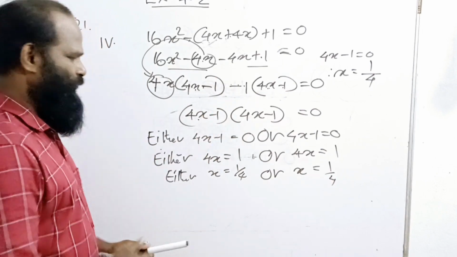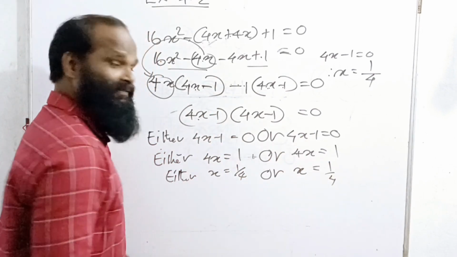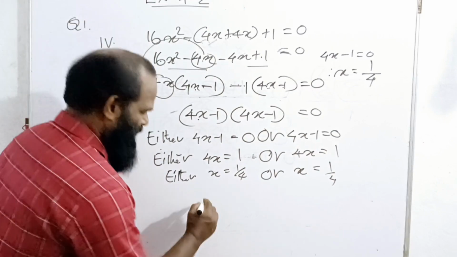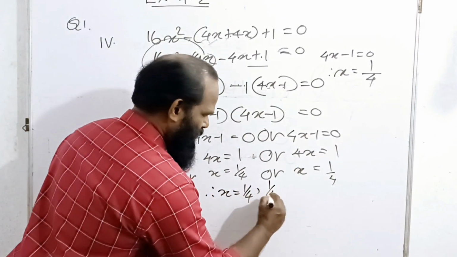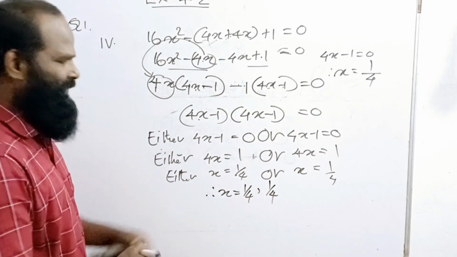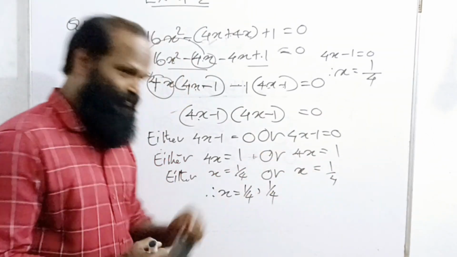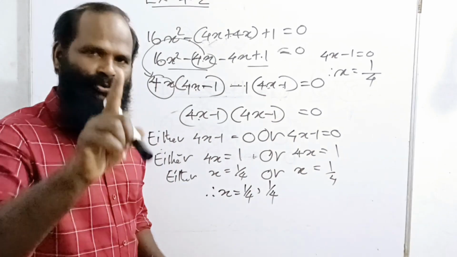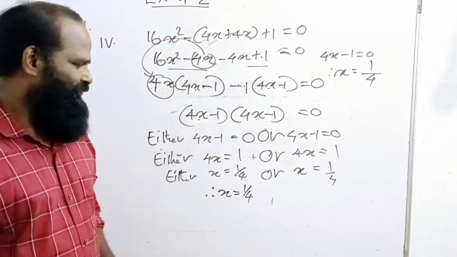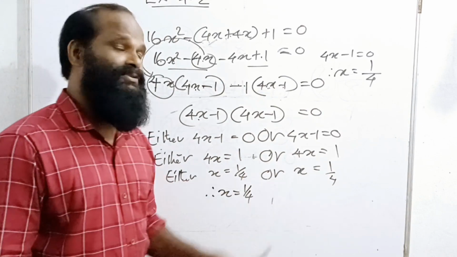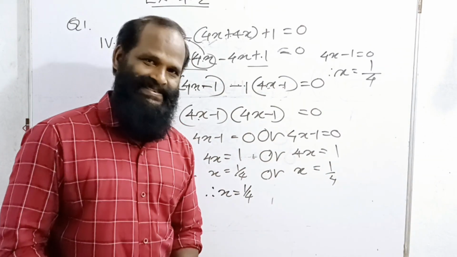So these are the values of x, 1 by 4 and 1 by 4. We have got the same values for x. Therefore, x is equal to 1 by 4, comma, again 1 by 4. Though the values are the same, you are not supposed to write only once. You should not write this way, thinking that both the values are same, so why should I write it twice?